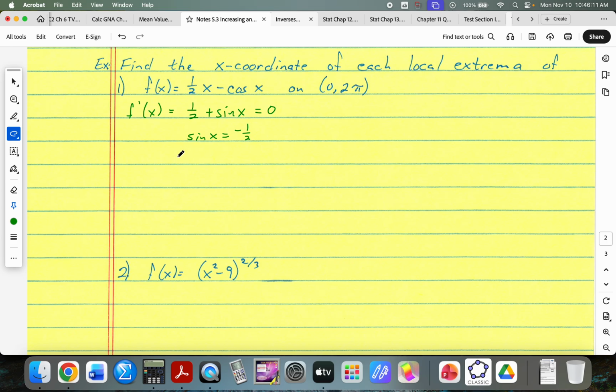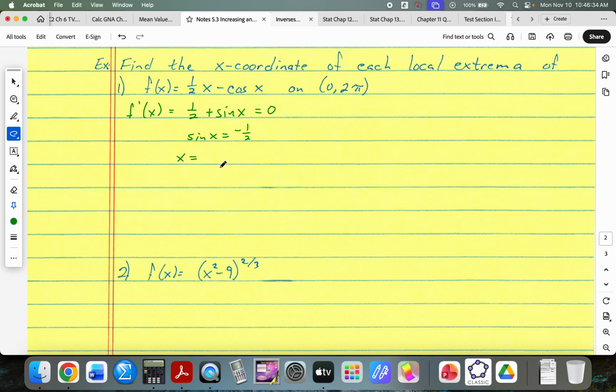Which means x is equal to what two values? Sine inverse of negative 1/2. So where is that?